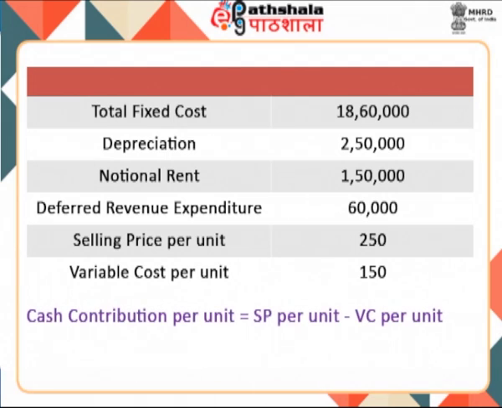Cash contribution per unit can be calculated by subtracting variable cost per unit from selling price per unit, that is rupees 250 minus rupees 150, which comes out to be rupees 100. We can work out the amount of cash component of fixed cost by subtracting non-cash fixed cost from the total fixed cost.